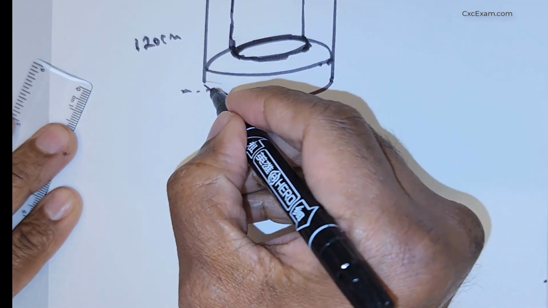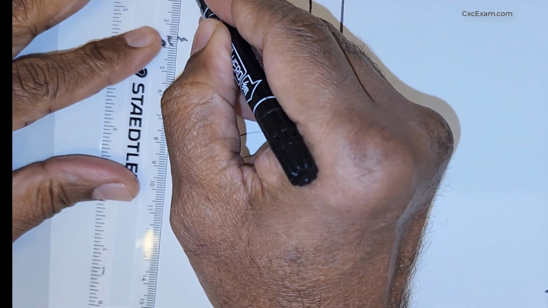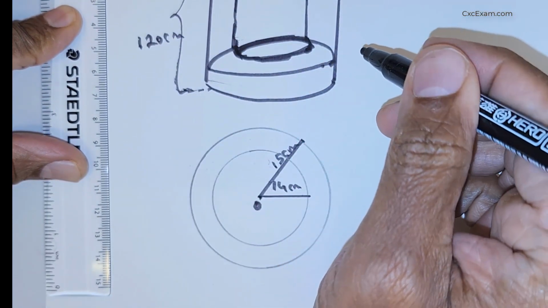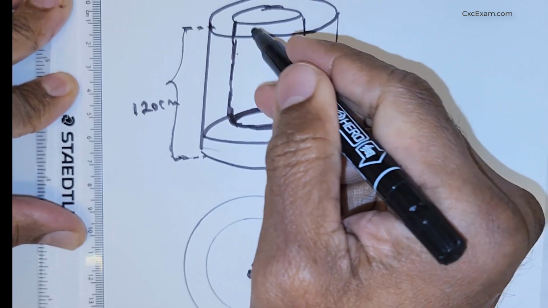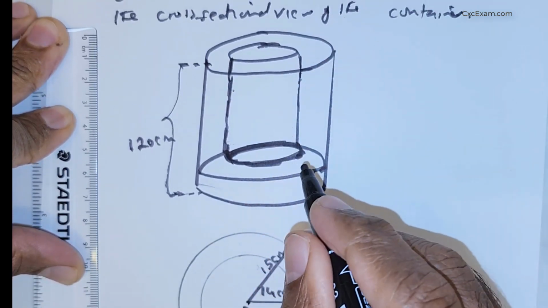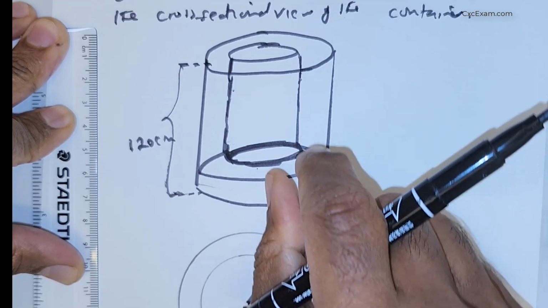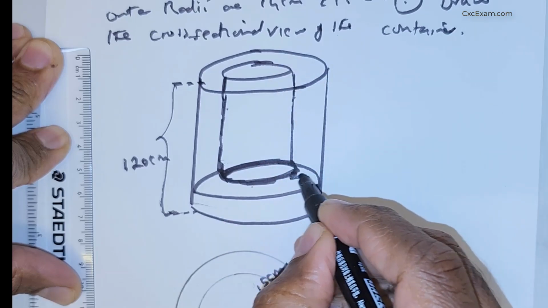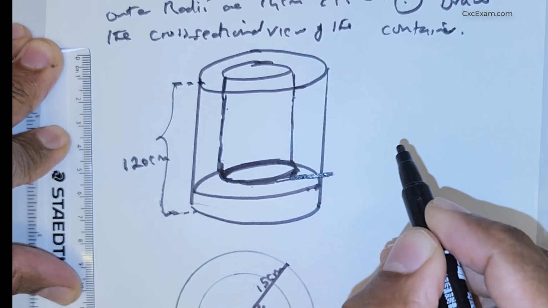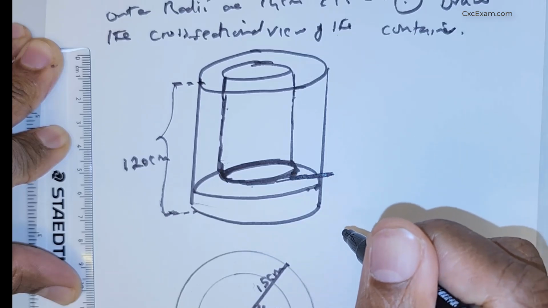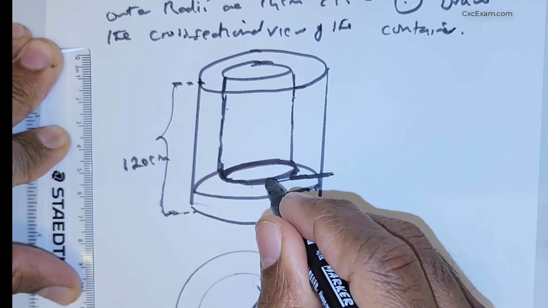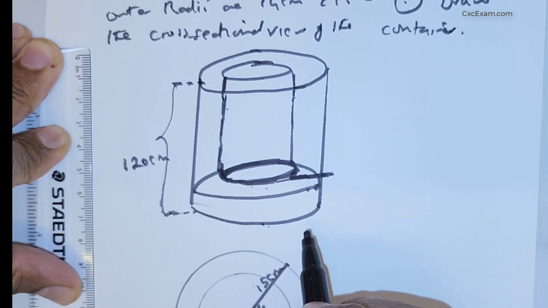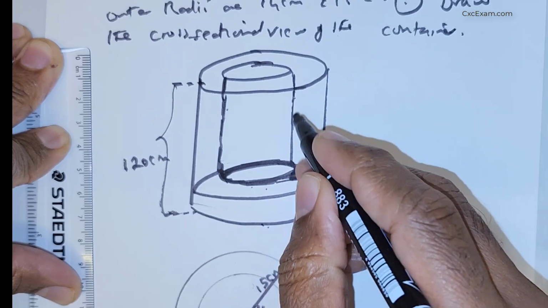Now as I mentioned, this entire length is given as 120 cm, right? Now this is the inner container, and you see the inner container is actually ending right over here. There is a 1 cm distance between this point and this point, so we will have to cater for that height.